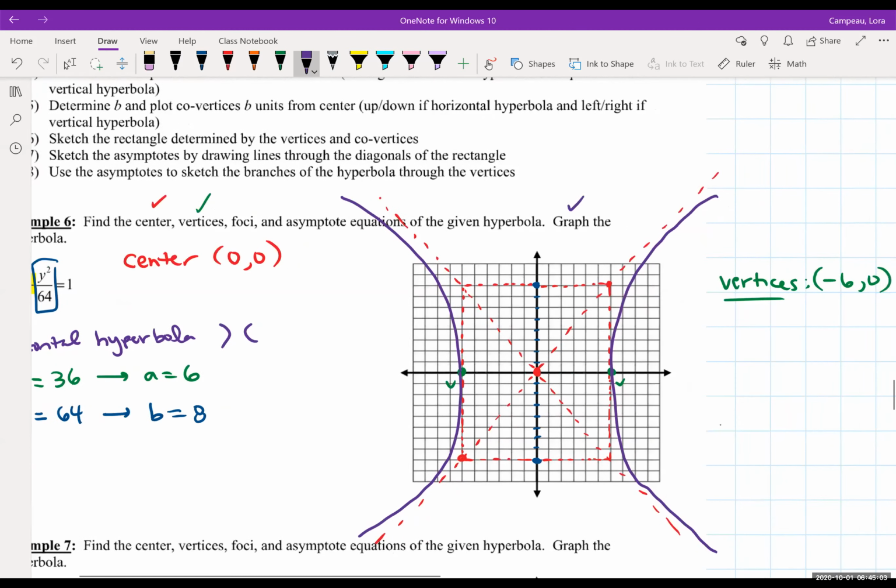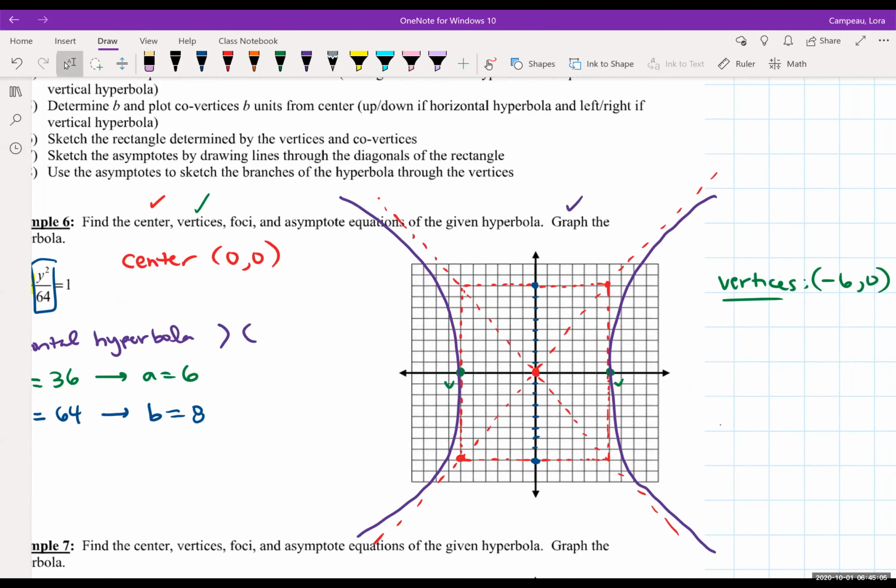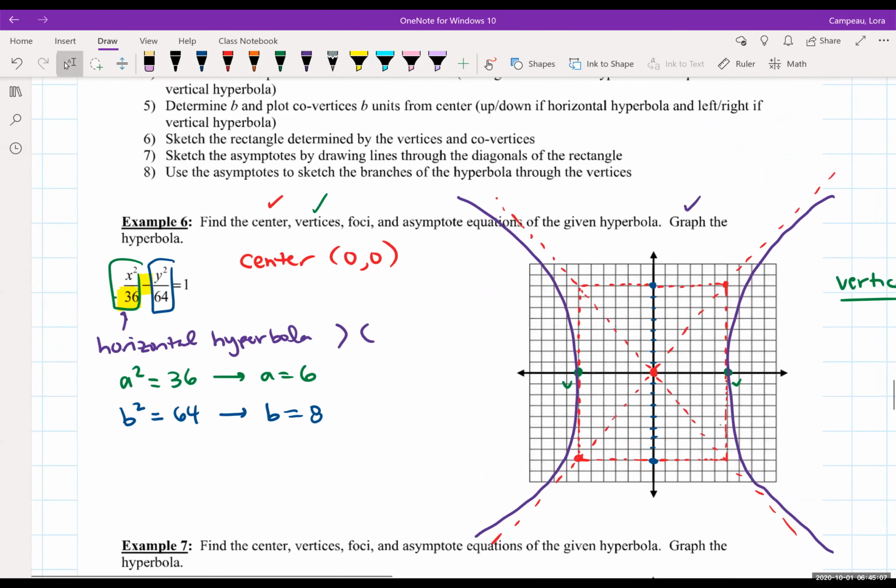While we're here, we could talk about the foci. That really has nothing to do with the graph in the sense of what we're using as a hand-drawn graph, but we needed the foci in the first place to be able to draw the hyperbola. Something we can't really demonstrate right here. But remember, the foci is given by a formula.